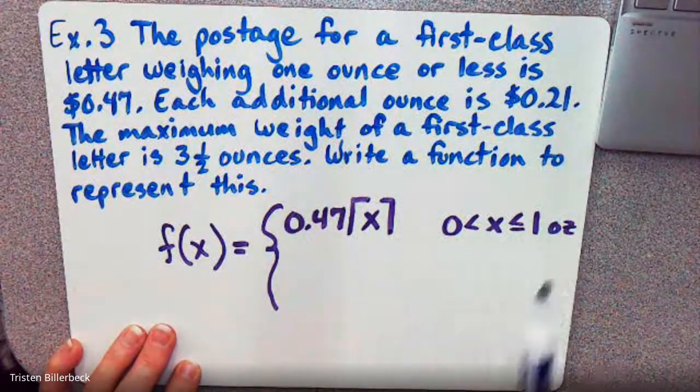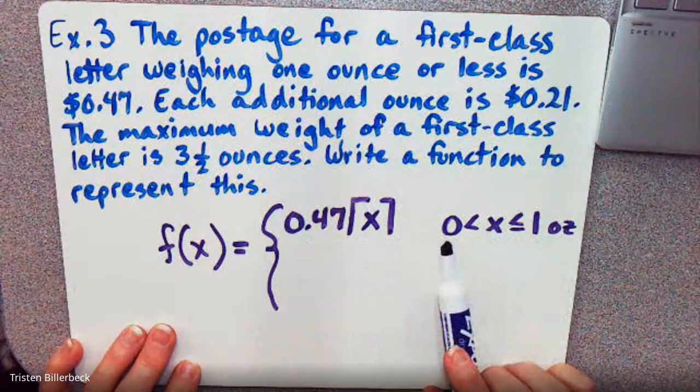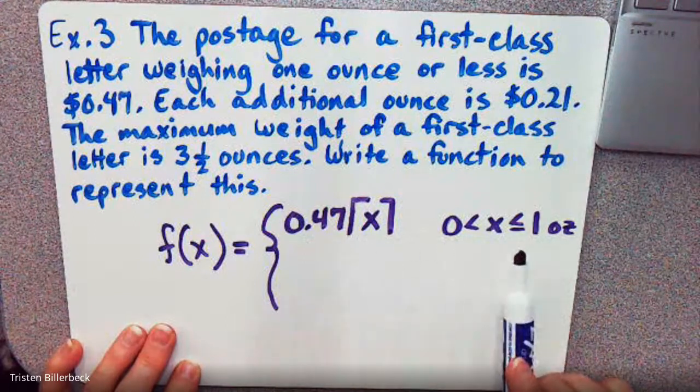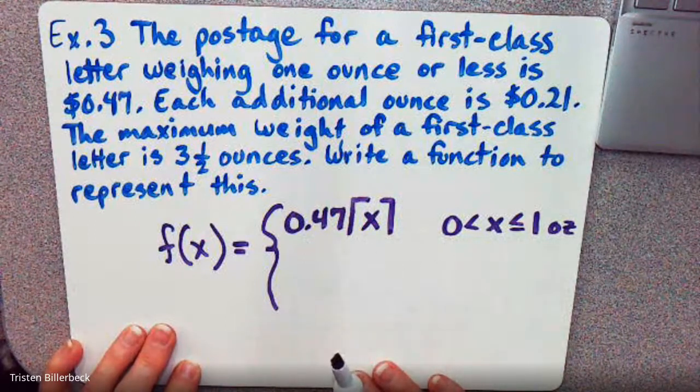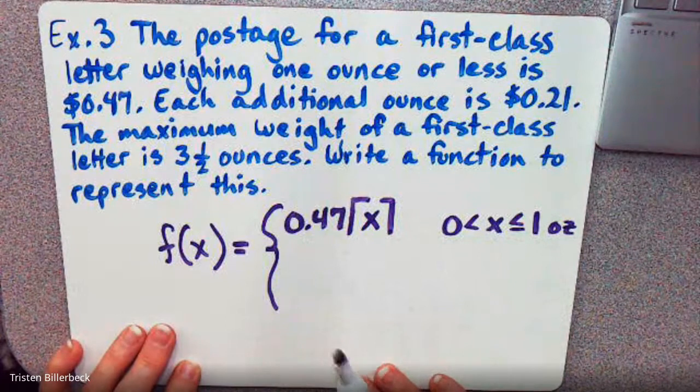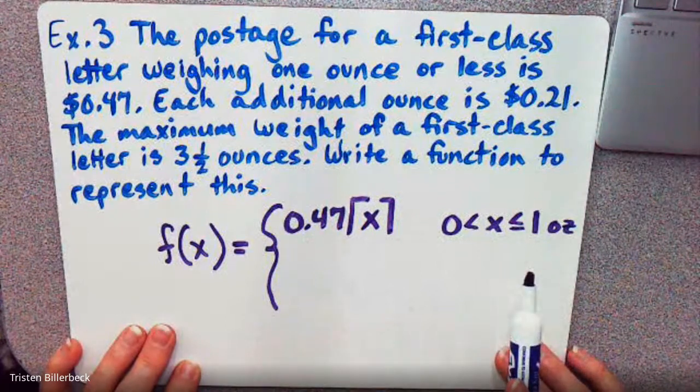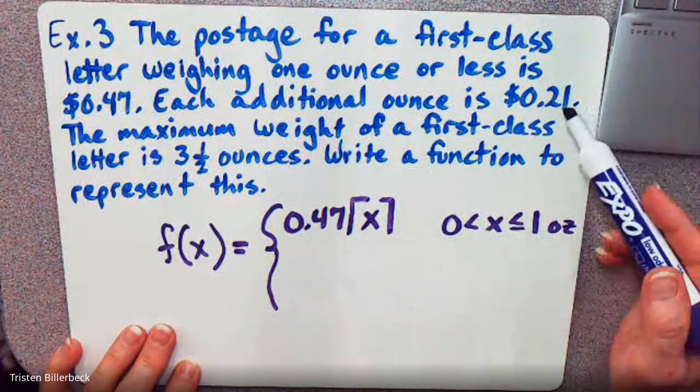So it's just going to round up, and it doesn't include the lower end. So it's a ceiling function. Okay, so then once we're over 1 ounce, each additional ounce is 21 cents.